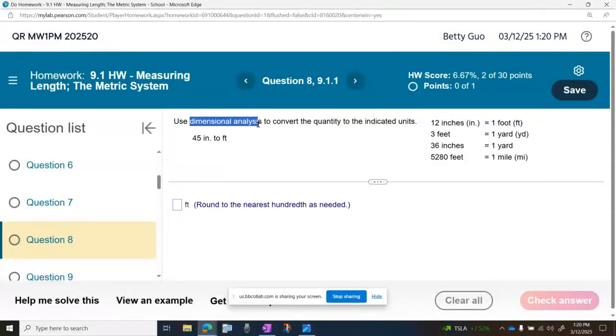Convert the quantity to the indicated units, and you are given a bunch of formulas. Since we are converting 45 inches to feet, which formula do we need? Inch and foot, the first one, right? Yeah, we need the first one.